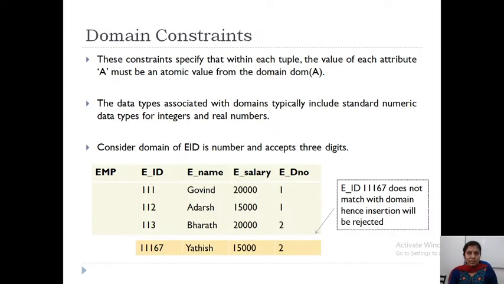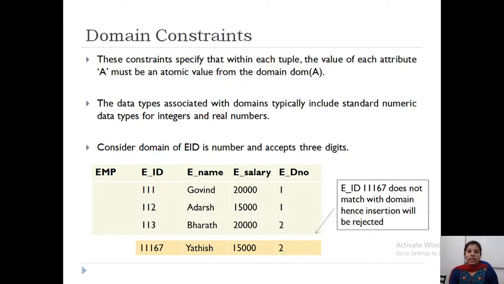What is a domain constraint? This constraint specifies that within each tuple, the value of each attribute must be an atomic value from its domain. So what is a domain? It is the set of permitted values for that attribute.